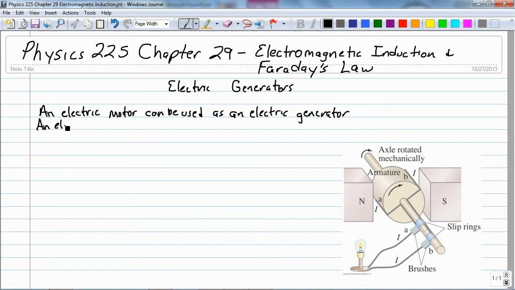An electric generator can be used as an electric motor.